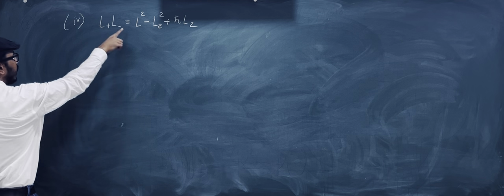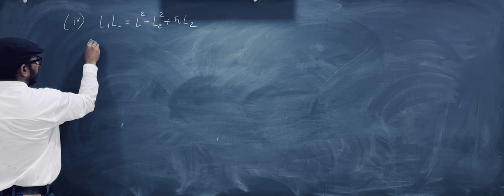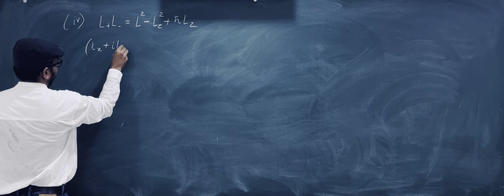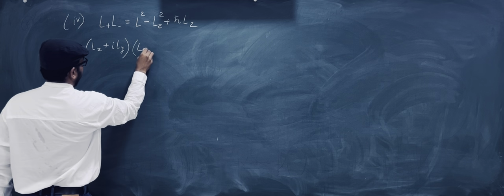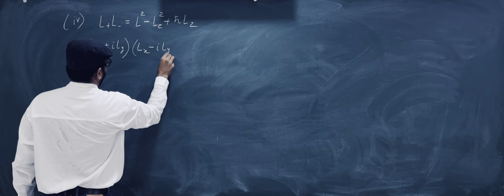So we can write L plus L minus as, so L plus is Lx plus Ly, L minus is Lx minus Ly.